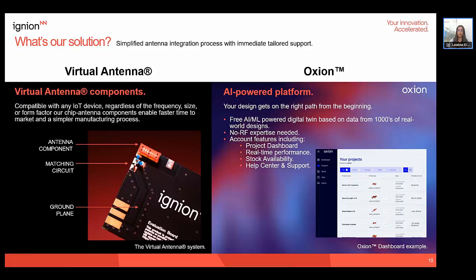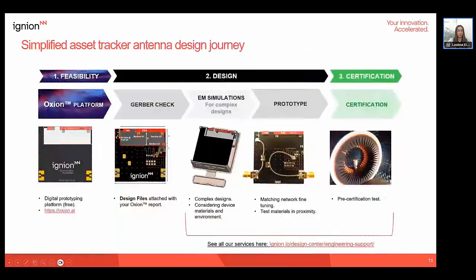So it's a very powerful tool that will enable us to move forward to the design stage. As I mentioned, we want to make our antenna easy to integrate. So with Oxion, we have the phase 1 of our design journey complete.